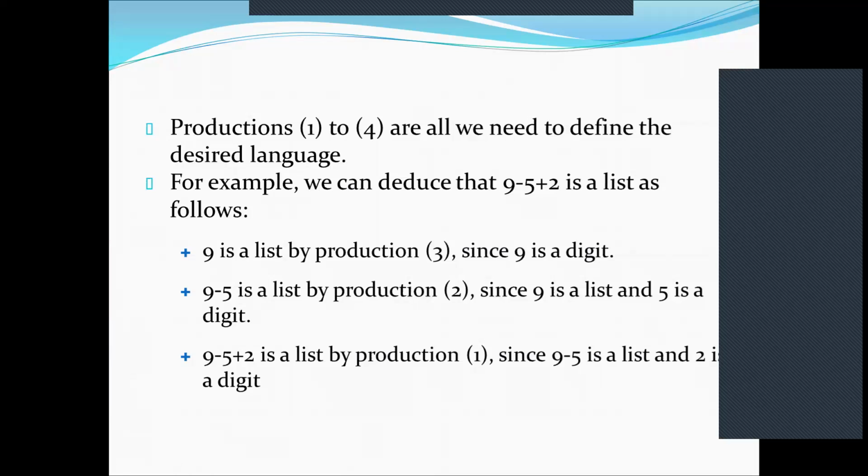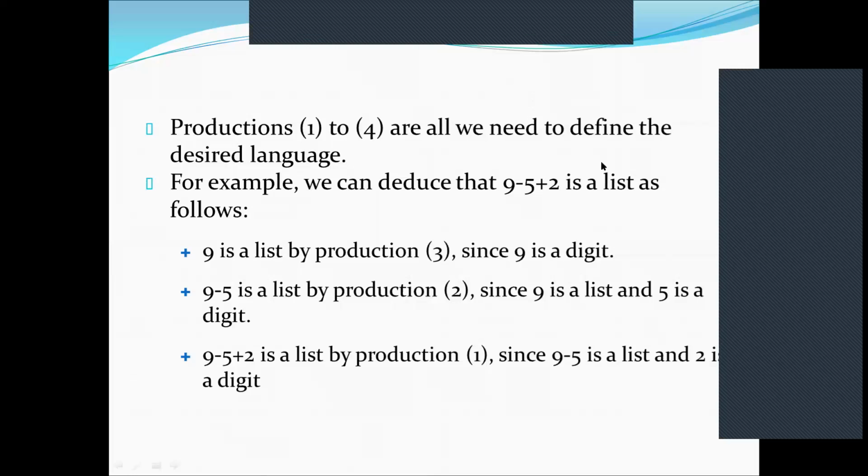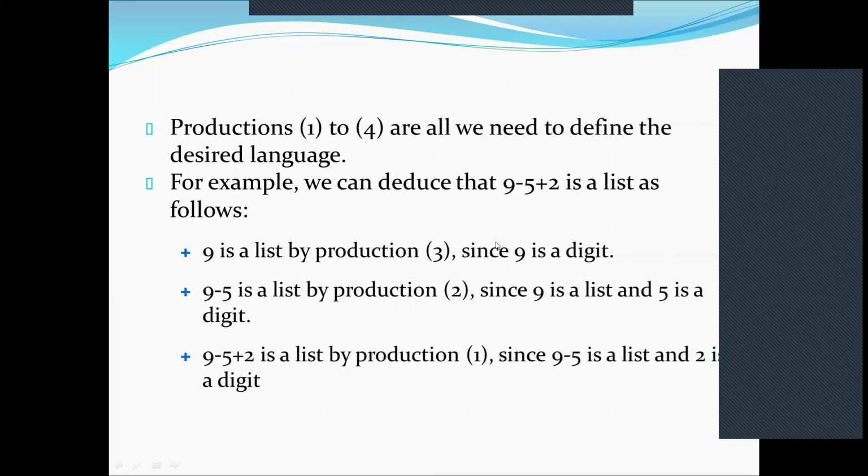So everything has to be in the format of a production. So once the production format is there, the parse tree can be built. That is the intention of making things in the form of a production. And if you want to put it in a production, it has to be in the form of a list, which can have the form of list plus digit, or all those formulas, those 4 formulas have to be taken care of. Then only can we say that our list is generated or framed, and that list can be converted to a parse tree.